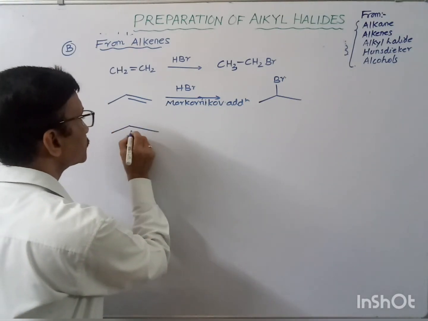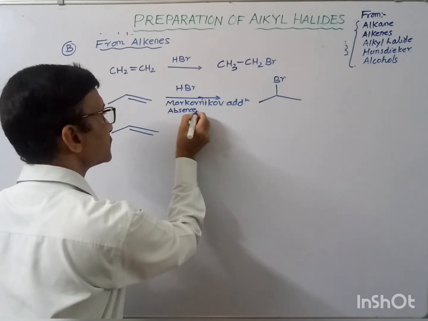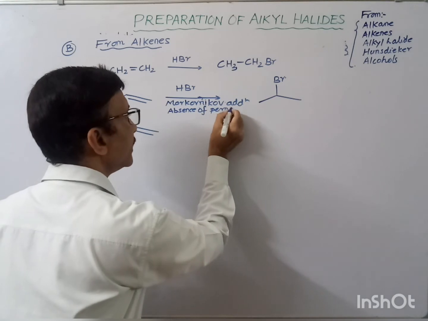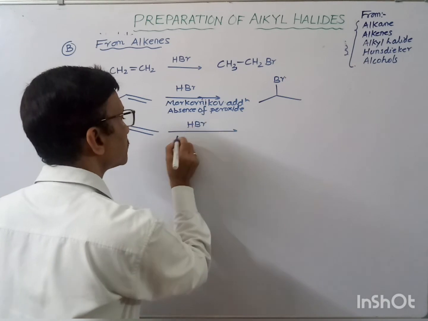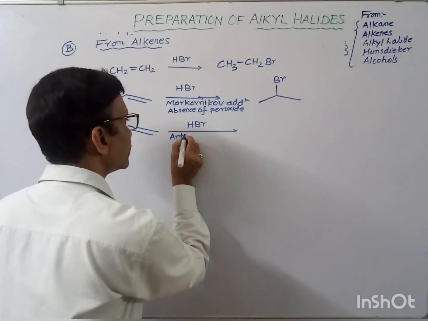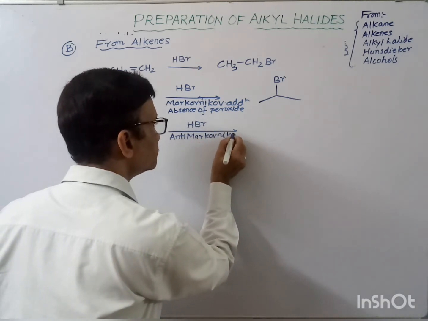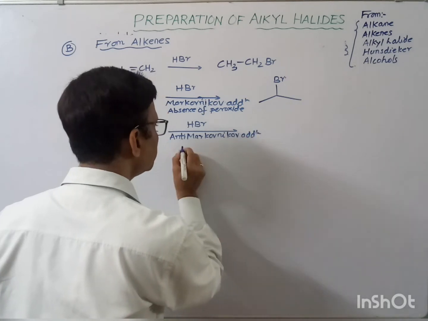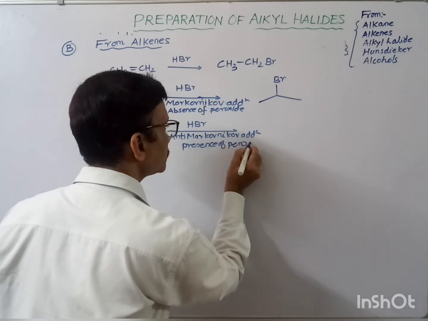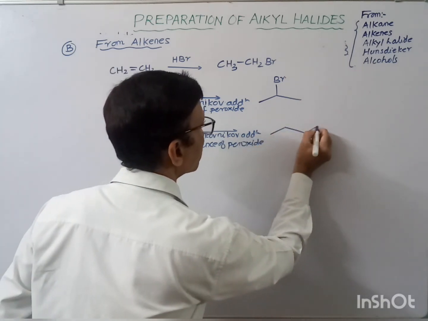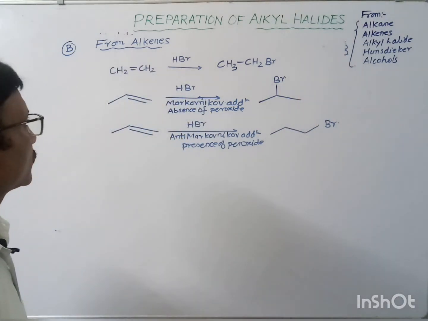Secondary carbocation being more stable than primary carbocation, that's why we are getting the secondary alkyl halide. So this is in absence of peroxide. In presence of peroxide, that is called the anti-Markovnikov addition. So we are getting the primary alkyl halide in presence of peroxide.